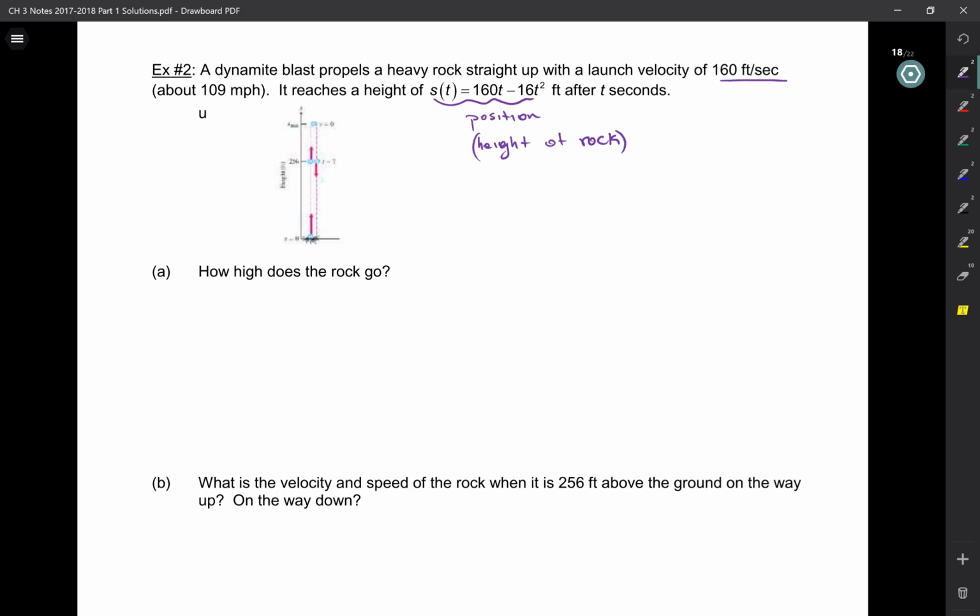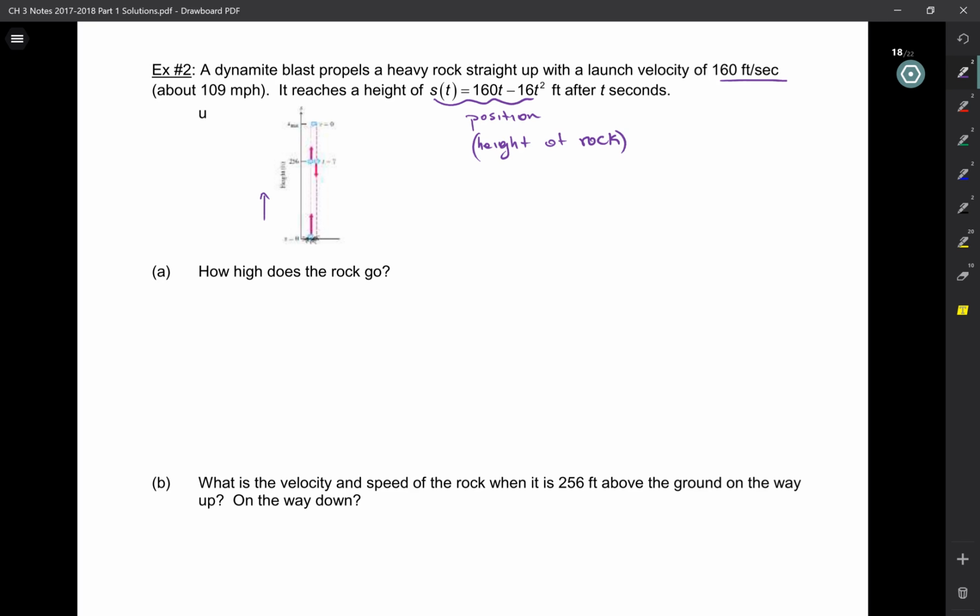Basically, you have this launcher, it launches the rock up, and then eventually it's going to turn back down, right? So it's going to go up, and then it's going to come back down. As it's moving up, as the position is increasing, what is happening to the velocity?